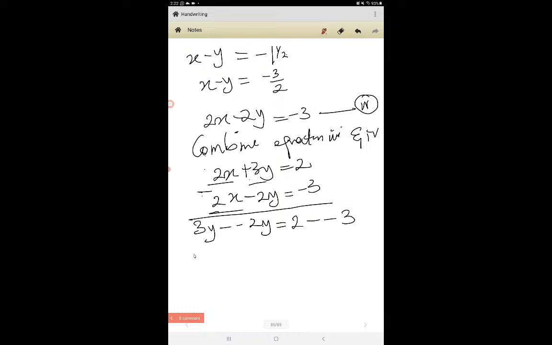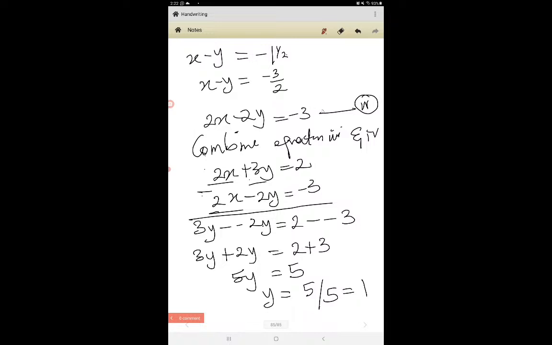So therefore, it will be 3y plus 2y is equal to 2 plus 3, making 5y is equal to 5. So y is equal to 5 over 5, which is y is equal to 1.